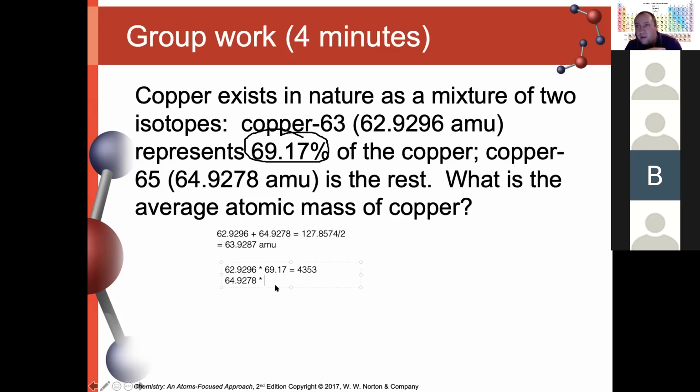Now, its percent abundance is dependent upon the other. So if 100% of it is these two isotopes and 69.17% is the first isotope, then the remaining isotope is the rest. So 100 minus 69.17 is 30.83. And so 64.9278 times 30.83 is 2002.